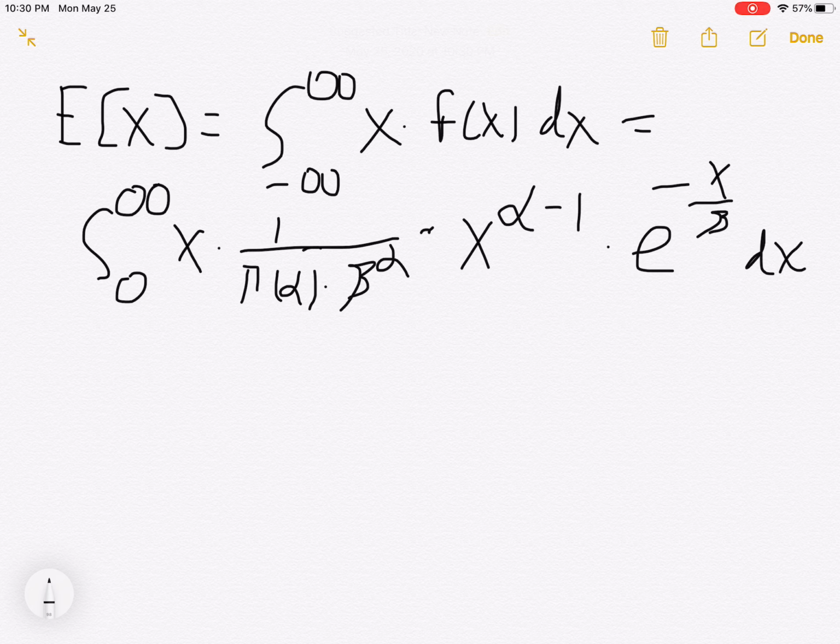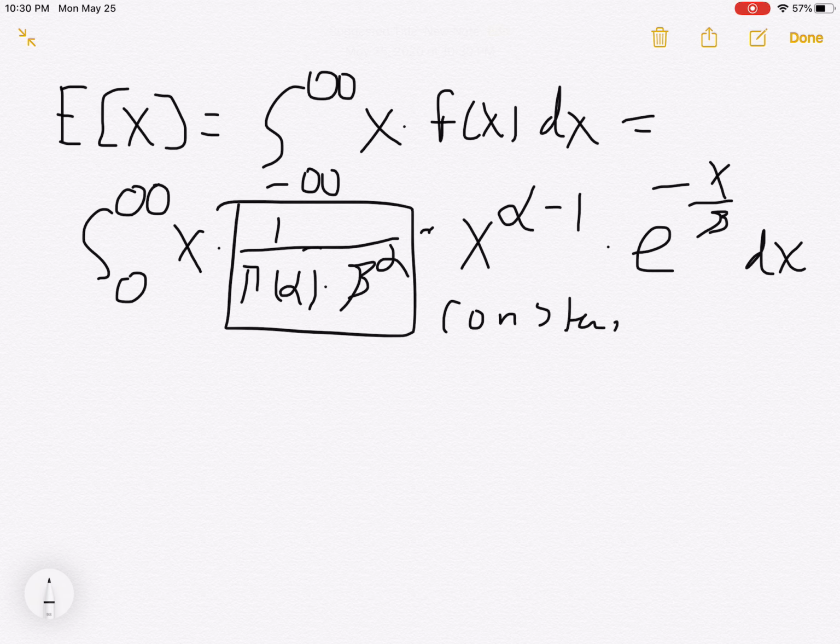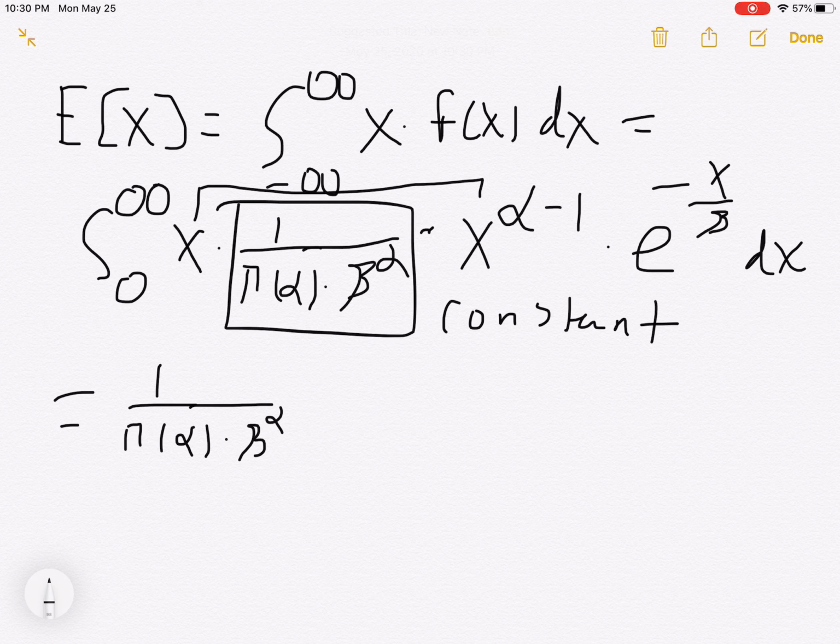Now, let's simplify this. This is a constant, so I can take that outside of the integral. Okay. Then I'm going to put these two terms together. That's going to be x to the alpha, and this is going to be e to the minus x over beta.